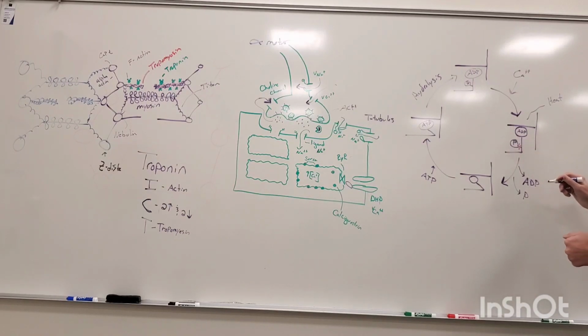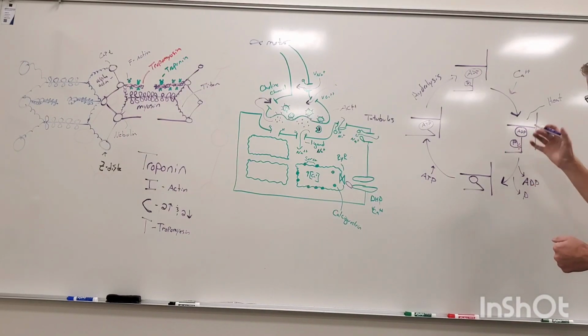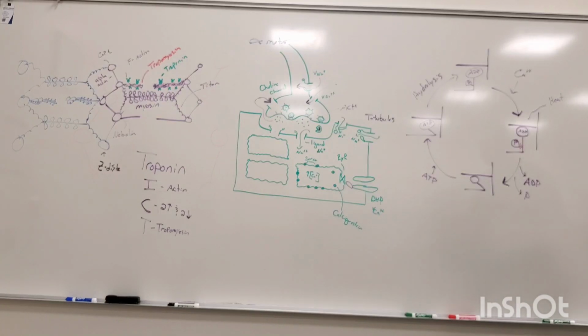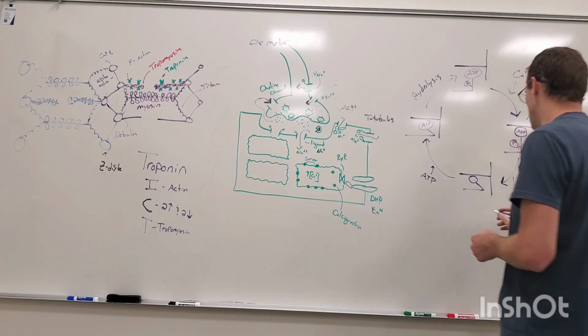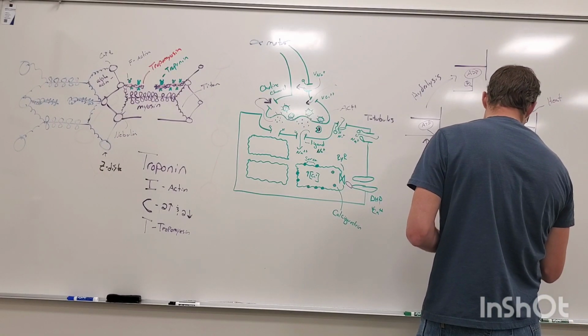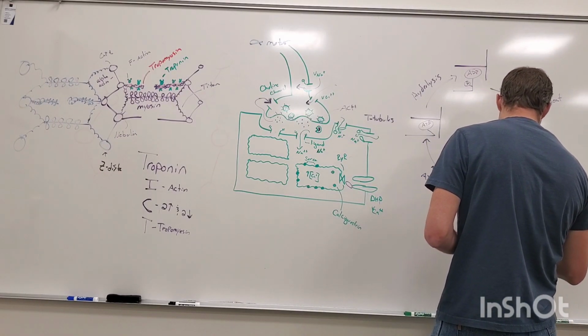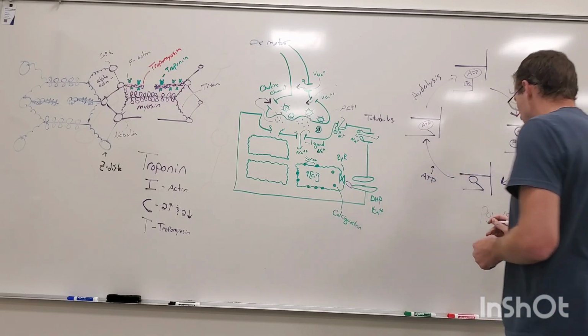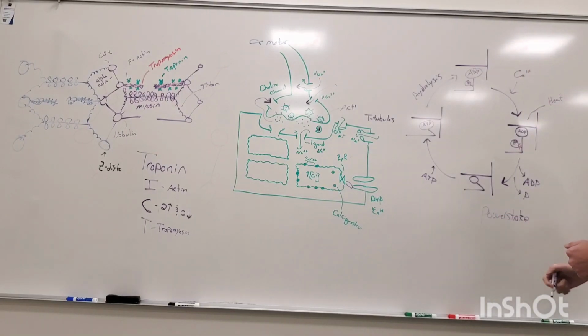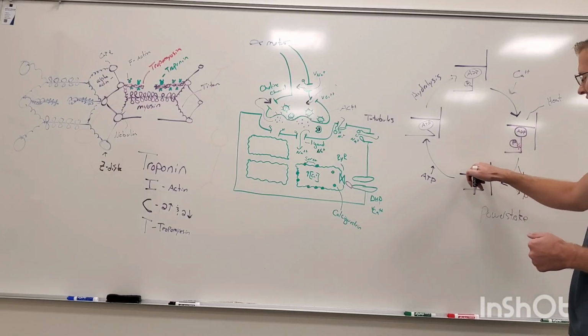When that happens, the phosphate comes off, the ADP comes off, and the myosin goes from a cocked position to an uncocked position, and that's what's called the power stroke. And that is how we get movement. So we have the power stroke, but the myosin head is still bound to the actin. So what do we have to do?